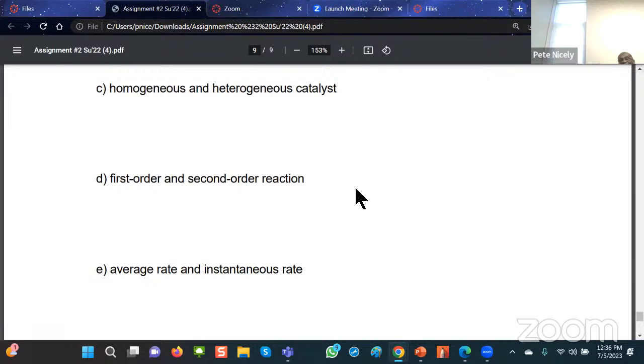Anybody? What's the difference between a first order reaction and a second order reaction?